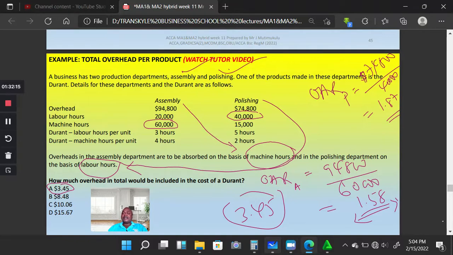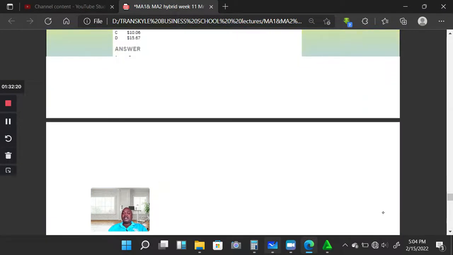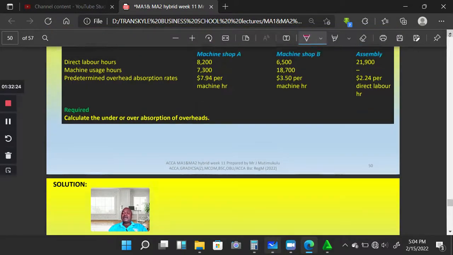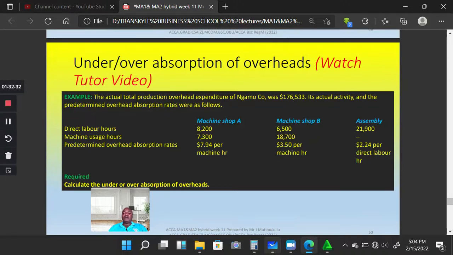There is another last part we need to discuss. That example, you're going to do it on your own. This last part is when we talk of the under or over absorption of overheads. Like I said, absorption here is just budgeting.